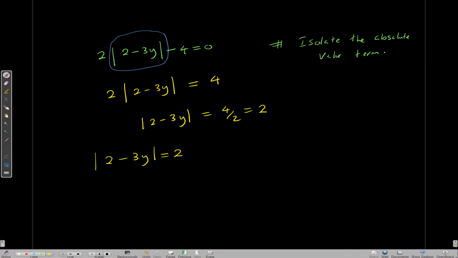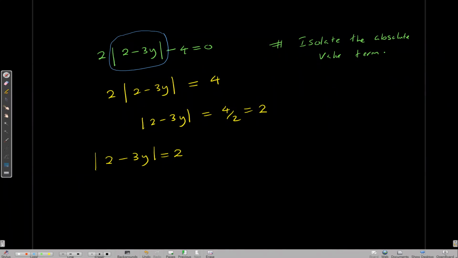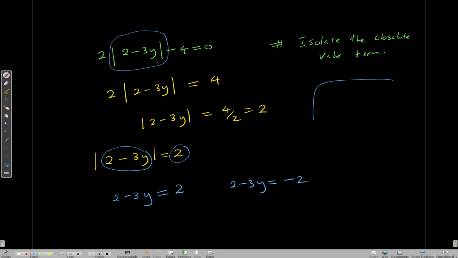Now at this point, you don't need to draw pictures. What you need to do is take this inside part without absolute value. This is how we get rid of absolute value. And then it equals this value right here. Then take that part again, and it equals negative that. Now that comes from the definition. Remember, absolute value of A equals either A or negative A, right?